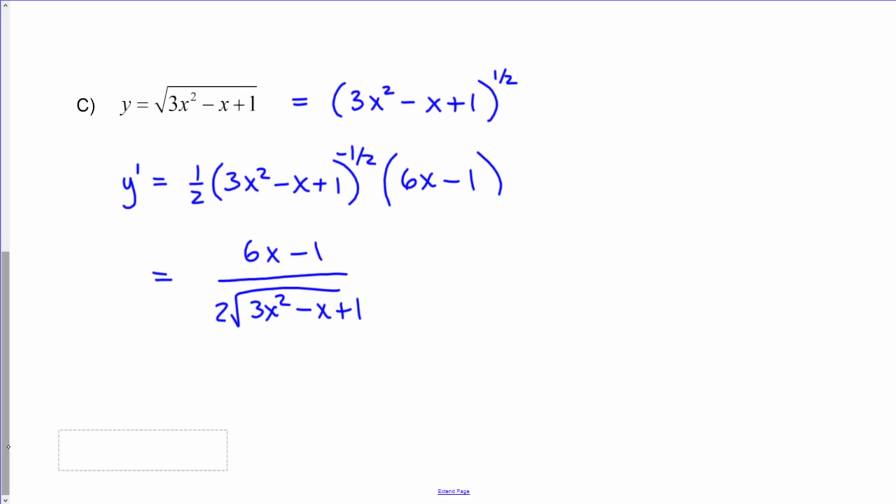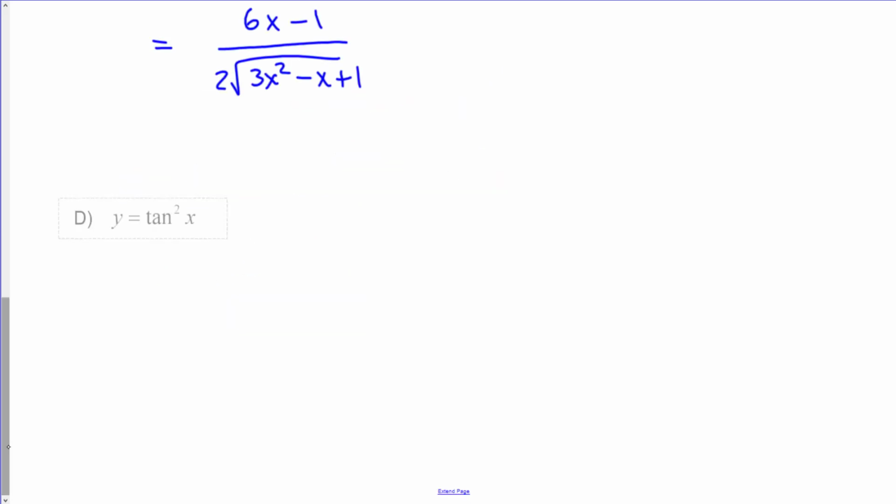And I have one more of these. Y equals tangent squared x. So if I want to get the derivative of tangent squared x, what I need to do is rewrite this as the tangent of x squared. That's what it means to do tangent squared x. It's just a shorthand notation. So the derivative is going to come from the power rule.